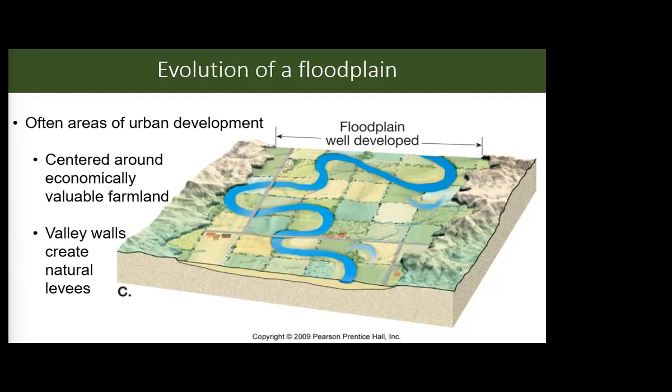Also, the valley walls of the greater floodplain valley are going to create these natural levees that help protect from any floods that come from overland. So it makes sense as to why we build farmlands around floodplains.